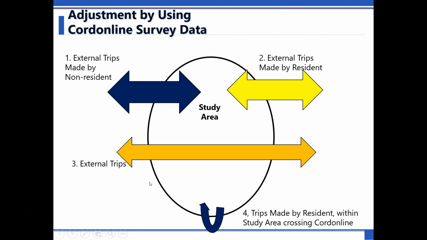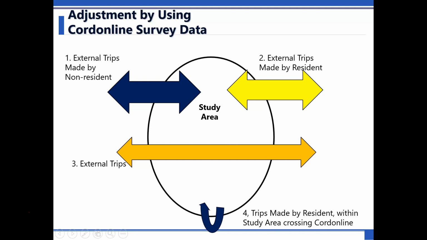First one, the main target, is the external trips made by non-residents to and from the study area. Actually, these trips can't be captured in the person trip survey, the household interview survey for the residents in the study area. That's why I can say that this is the main target of the cordon line survey.